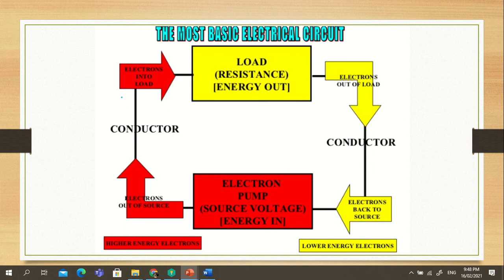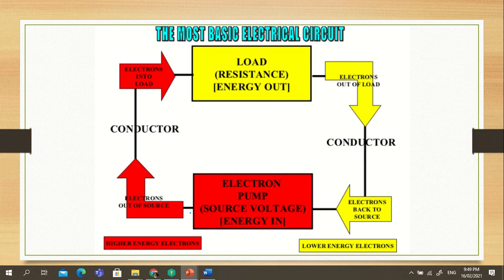Another way of illustrating the concept is something like this. We have the electron pump, what we called a while ago the source voltage, so energy in. There will be electrons inside here, and this is the pressure that pumps out the electrons.